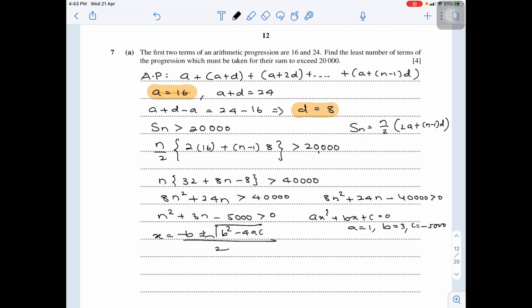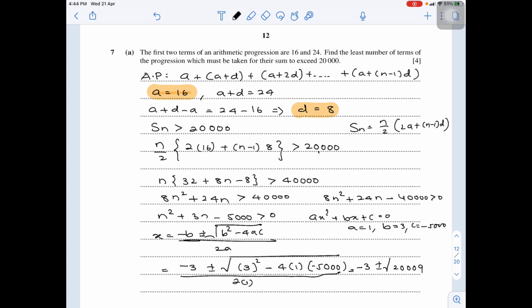So the quadratic formula is x equals minus b plus or minus square root of b squared minus 4ac, over 2a. Remember, everything over 2a, not only the square root. So it's minus 3 plus or minus square root of positive 3 squared minus 4 times 1 times negative 5,000, everything over 2 times 1.